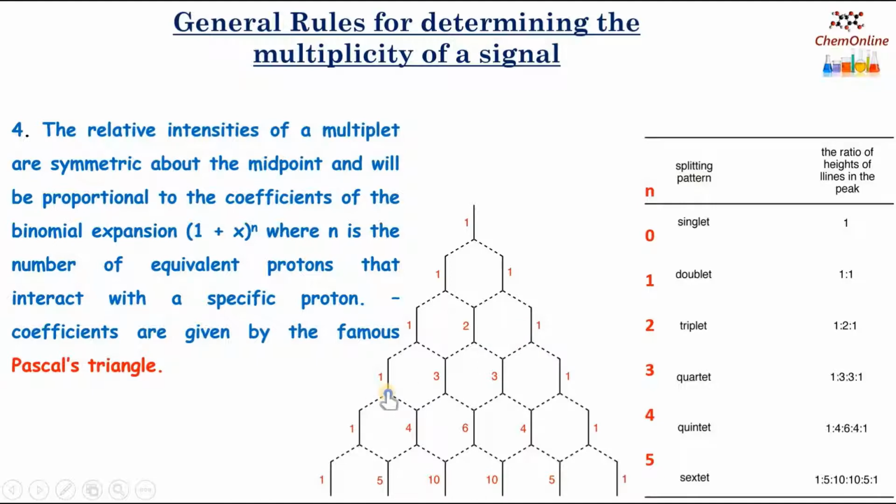Similarly, if n equals 3, it will be a quartet with intensity ratio 1:3:3:1. So by looking at the Pascal's triangle, we can easily predict the intensity of lines in multiplets in an NMR spectrum. Also, the midpoint of the multiplet represents the resonance position of a group and thus gives the chemical shift.